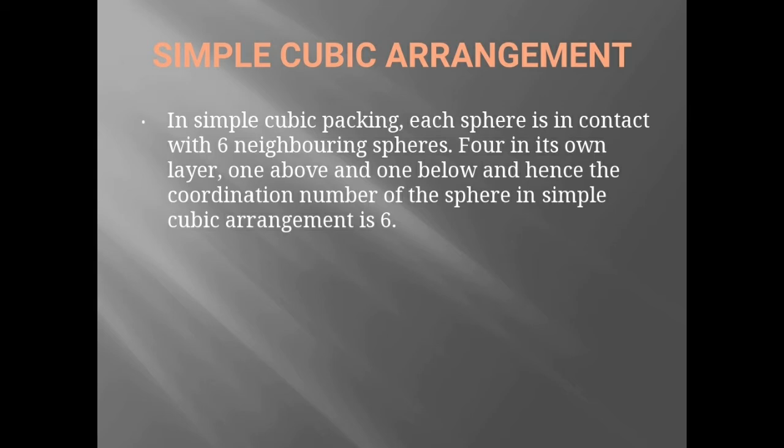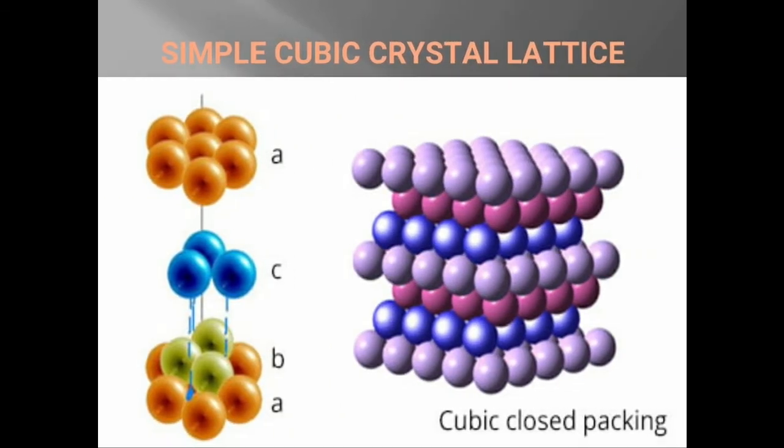First one, we are going to learn about the packing efficiency of the simple cubic arrangement. In a simple cubic packing, each sphere is in contact with the 6 neighboring spheres, 4 in its own layer, 1 above and 1 below, and hence the coordination number of the sphere is 6. You can understand this by the previous diagram.